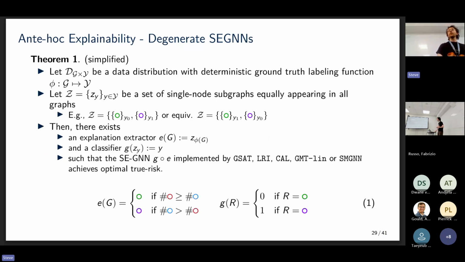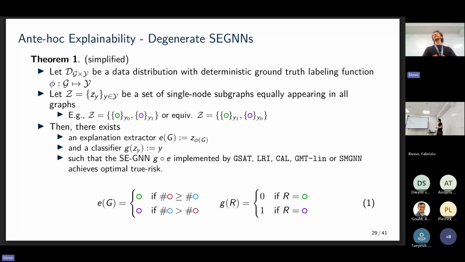And how is this possible? Well, the reason is that the explanation extractor internally solves the task. So internally it's counting the red and the blue, and then the explanation provides something that can be completely unrelated, but label encoding. In this case, for example, this explanation extractor is giving the green node whenever the class is 0, and the violet node whenever the class is 1.